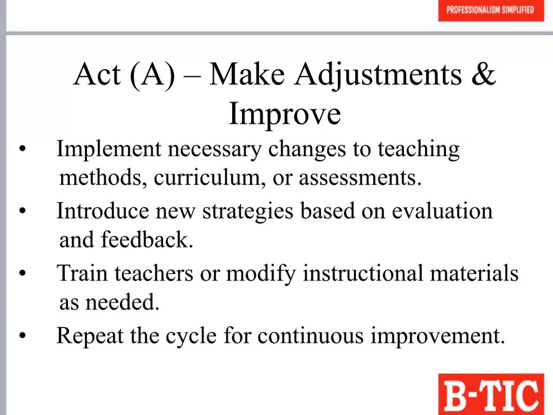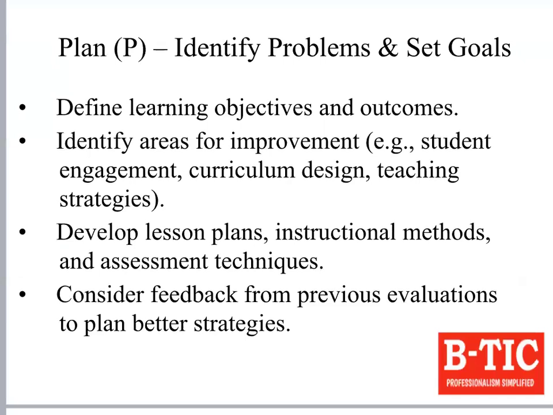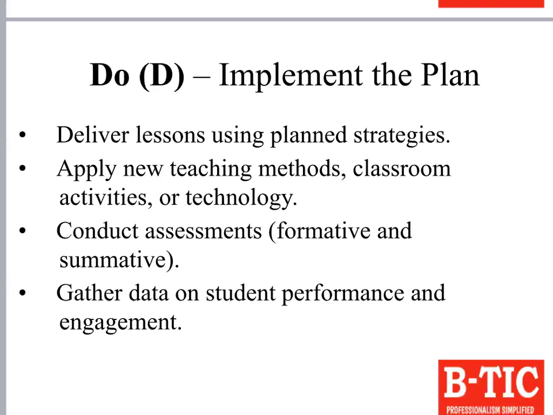Okay, so what you do to improve anything, you plan. When I mean plan, you have to identify the problem and set some goals to get out of the problem. That's the first thing you do. After setting it, you have to implement that plan, meaning you execute what is planned.